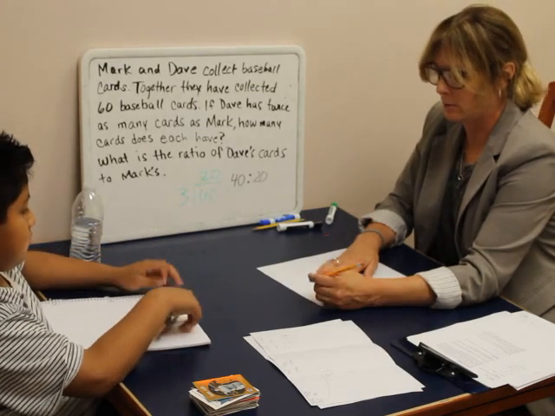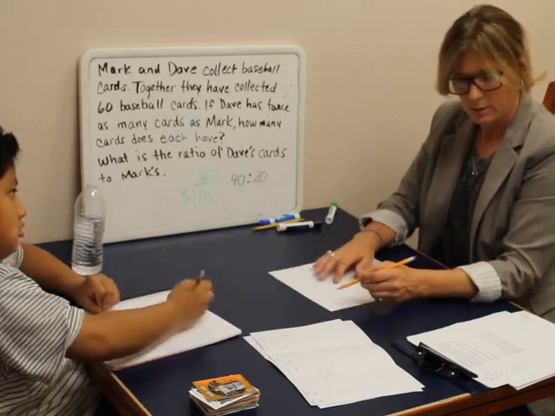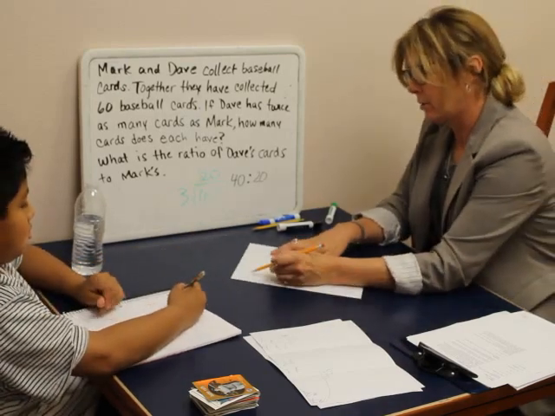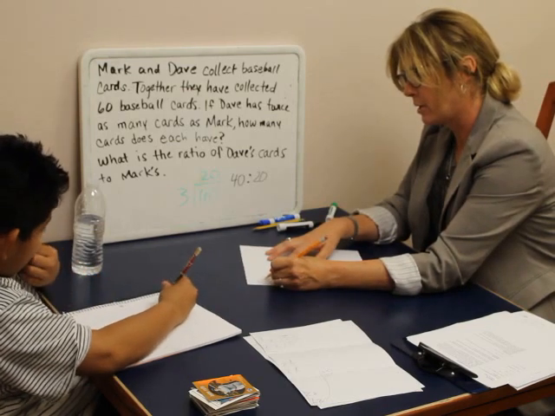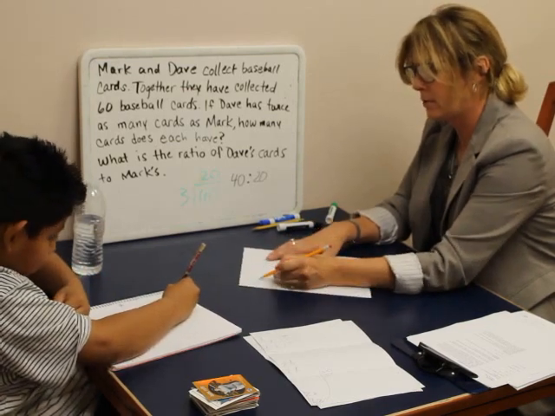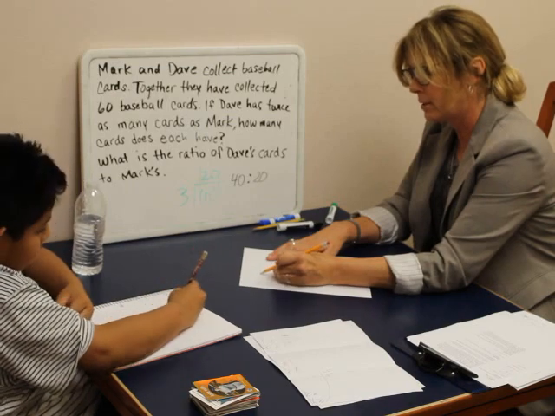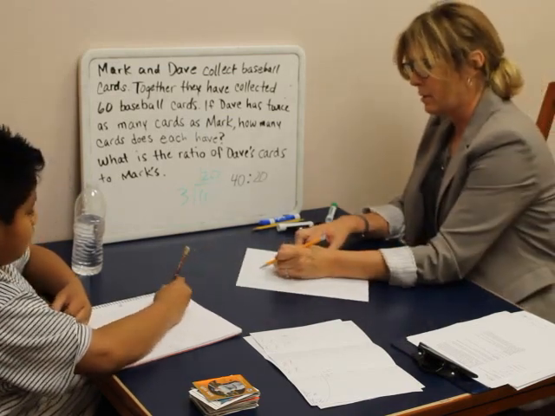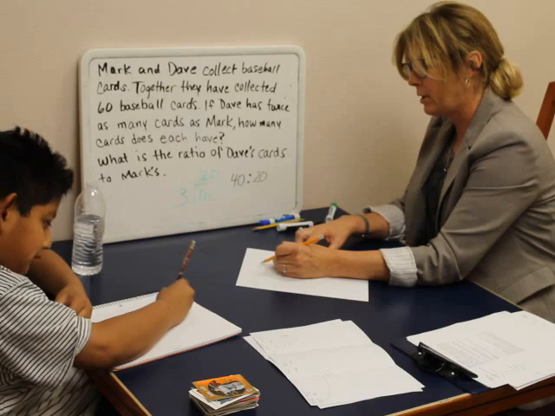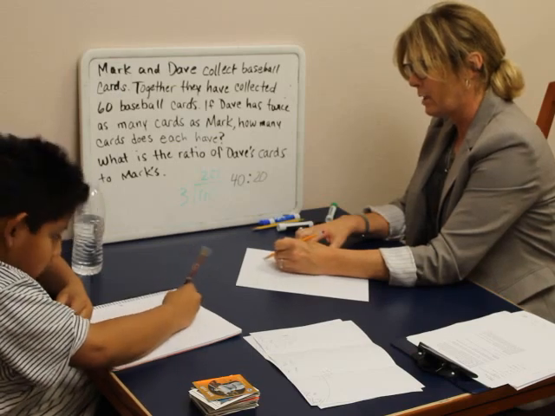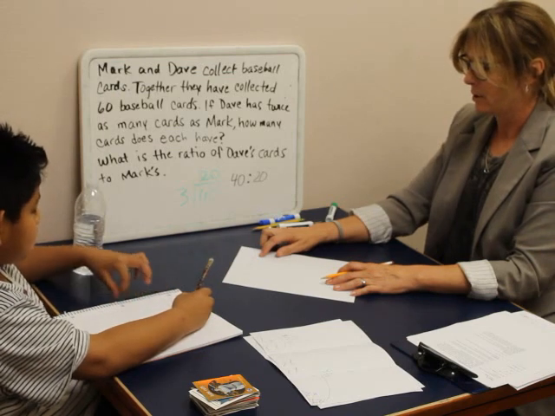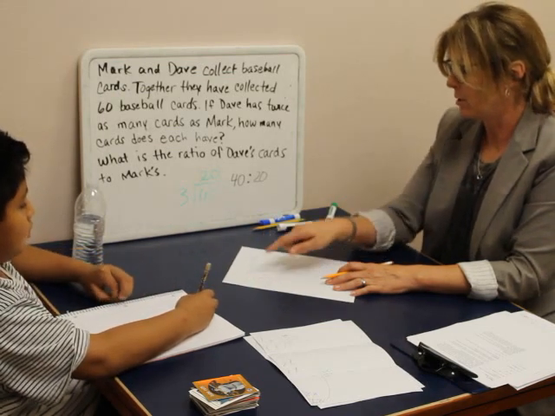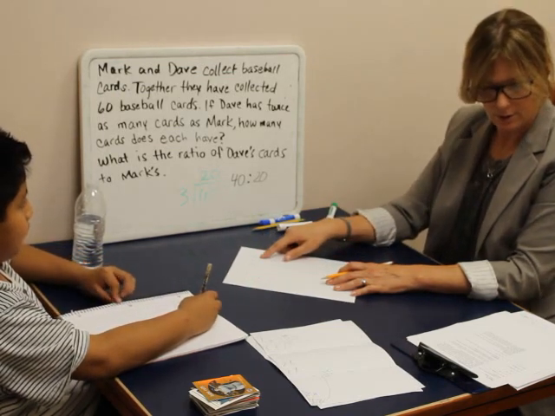We're going to write the problem out. One way we could do it, we know that Dave has twice as many cards as Mark, so Dave would equal 2x. Mark would equal x. X being the amount of cards, right? Mhm. Dave has twice as many cards as Mark has cards.